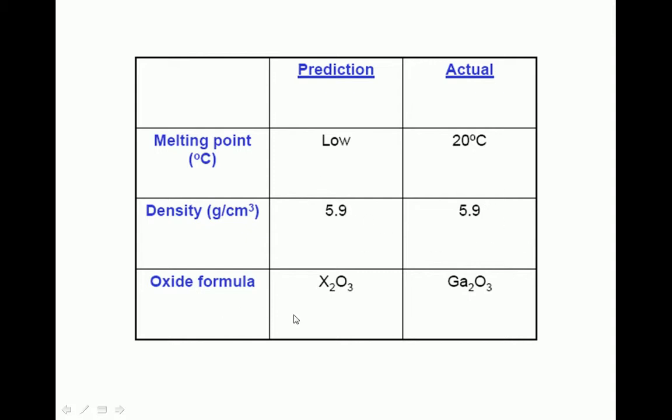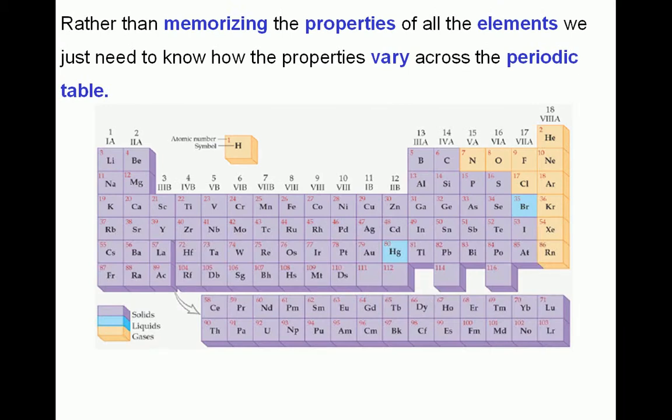And he predicted that gallium, or what he called eka-aluminum, would react with oxygen in a 2:3 ratio, and sure enough, gallium reacts with oxygen in a 2:3 ratio. So amazingly successful.